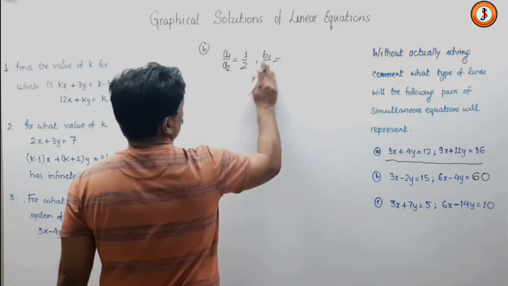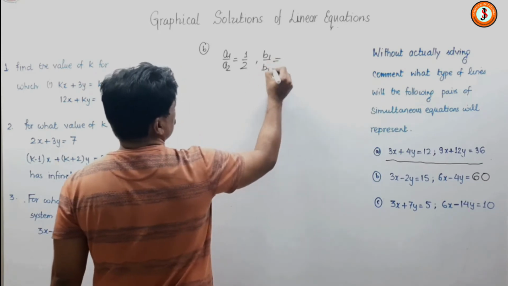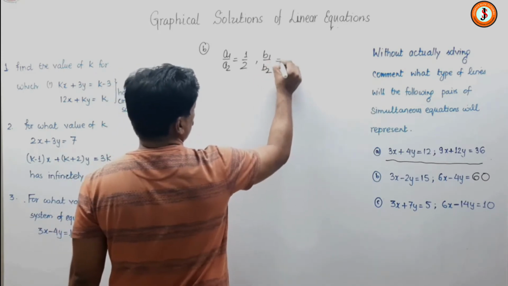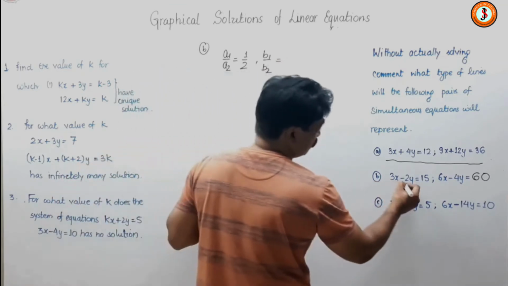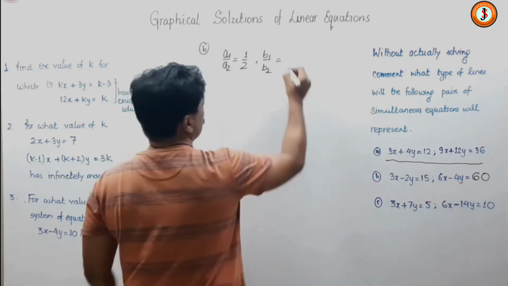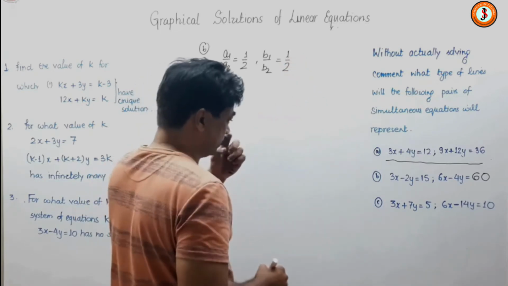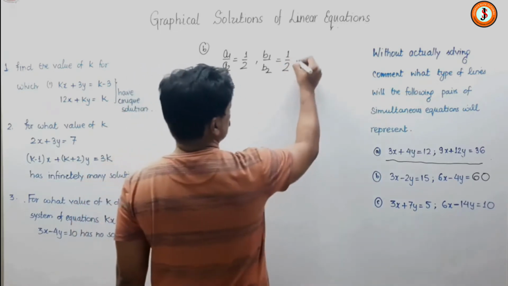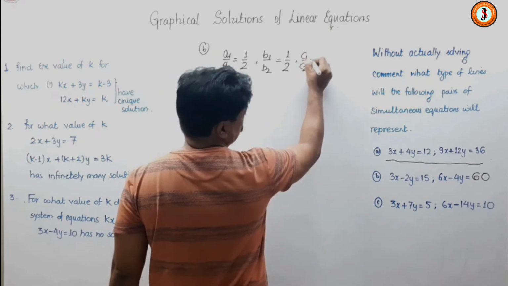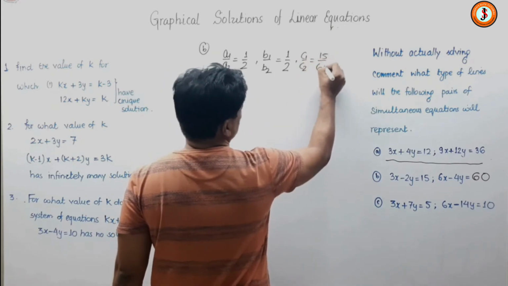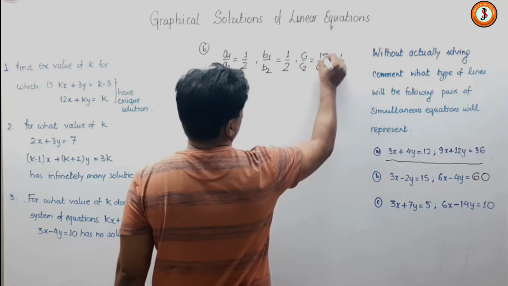Let us see. b1 by b2 is minus 2 by minus 4, so that is also 1 by 2, and c1 by c2 is 15 by 60, that is equal to 1 by 4.